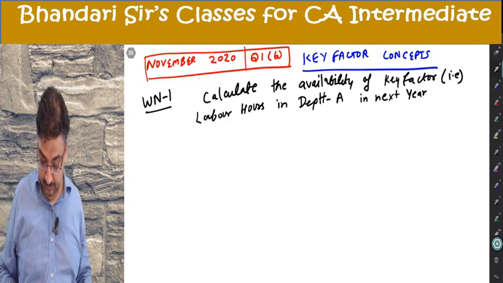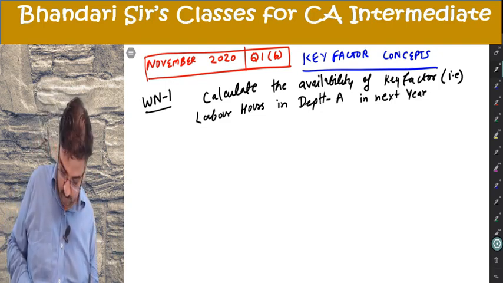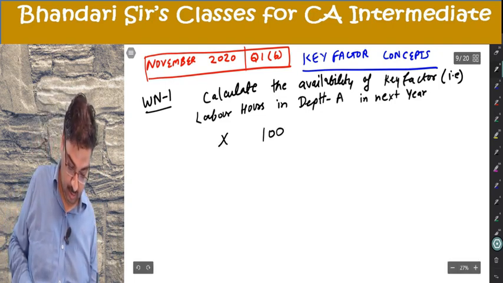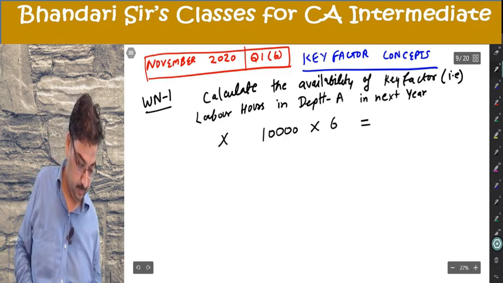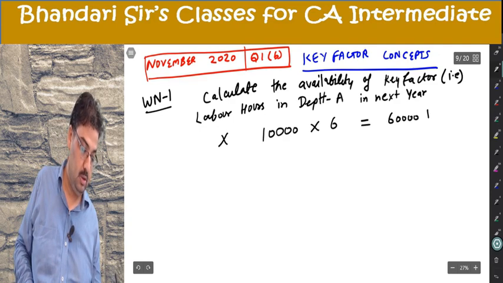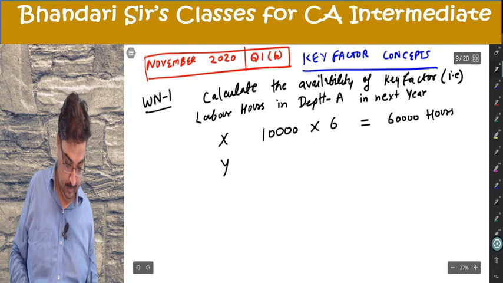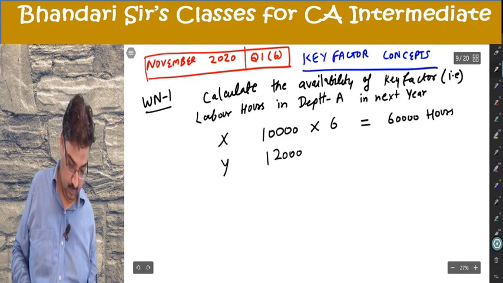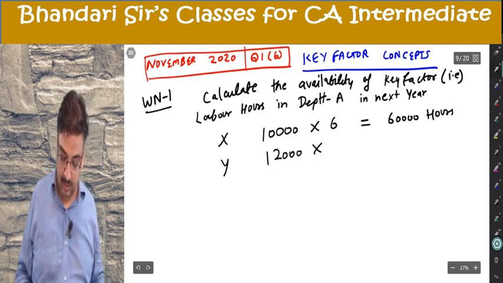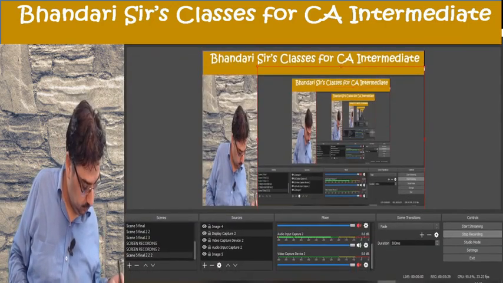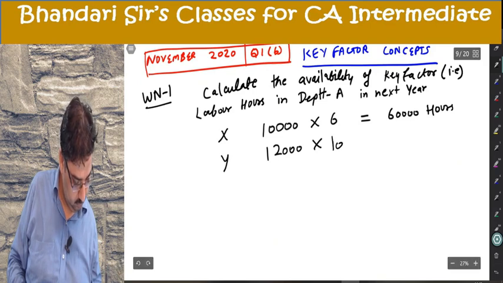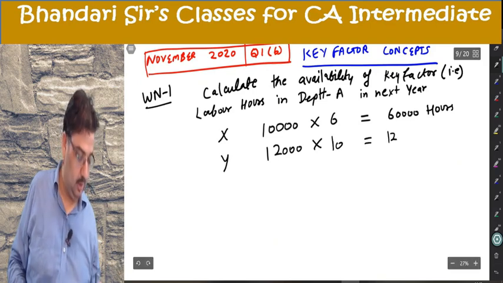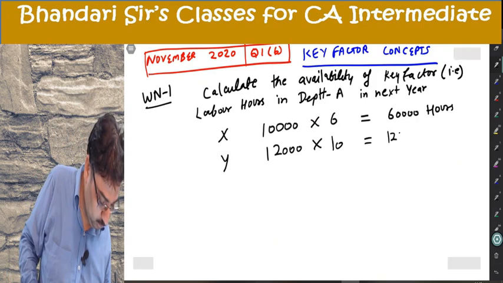So for product X, we have 10,000 multiplied by hours per unit 6, 60,000 hours. For Y, 12,000 multiplied by 10, 1,20,000 hours.